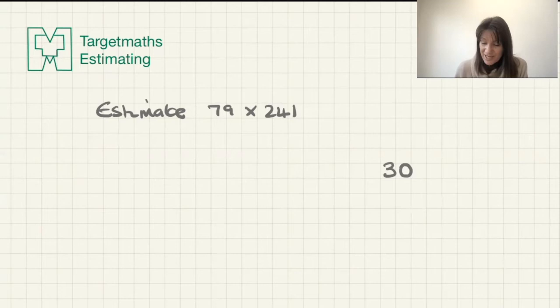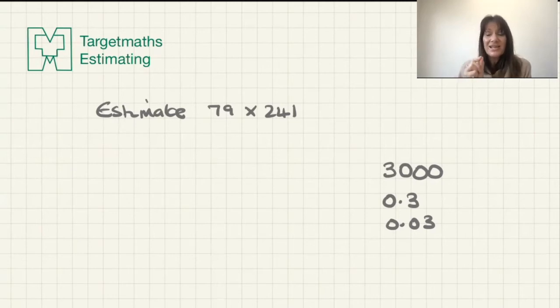I've got 30, I've got 300, I've got 3000. I could have put a 0 point in front or a 0.0. They are all one significant figure because they have got one digit. And the zeros are just making sure that that one digit stays in the column it needs to stay in.